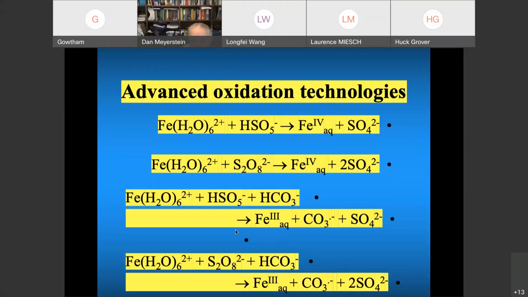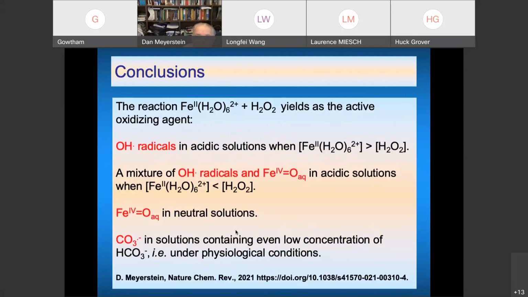On the next slide are the conclusions of this study, which tells you that the reaction of iron 2 with peroxides yields as active oxidizing agents different products under different conditions.